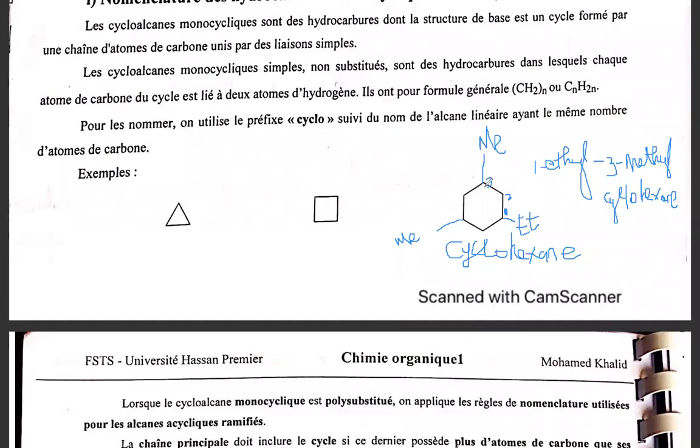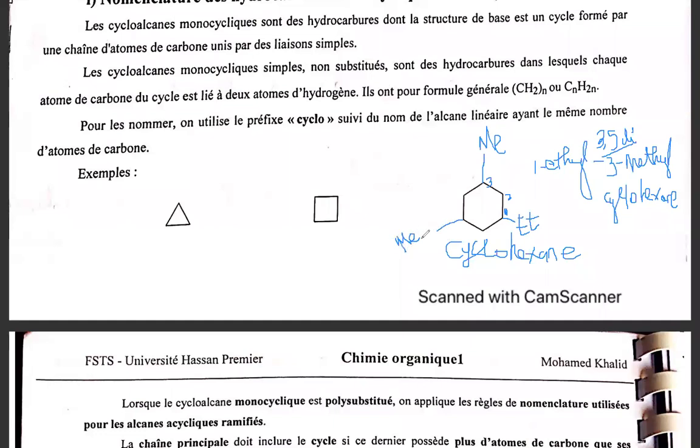So it will be 1, 2, 3, 4, 5. Add position number 5. 1, 2, 3, 4, 5. It's the same thing. That's going to be 3,5-dimethylcyclohexane.